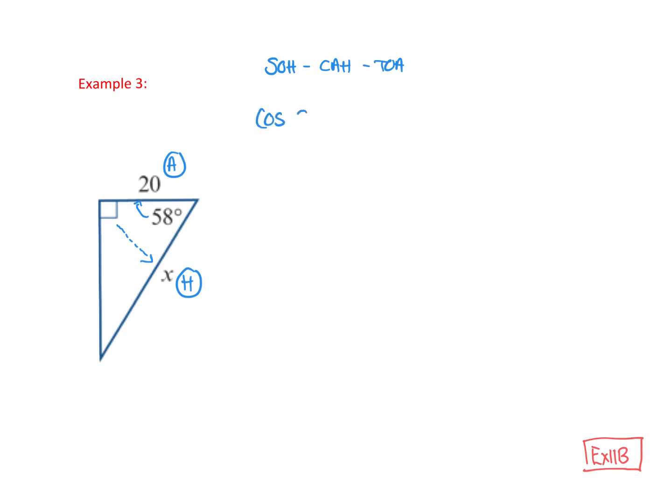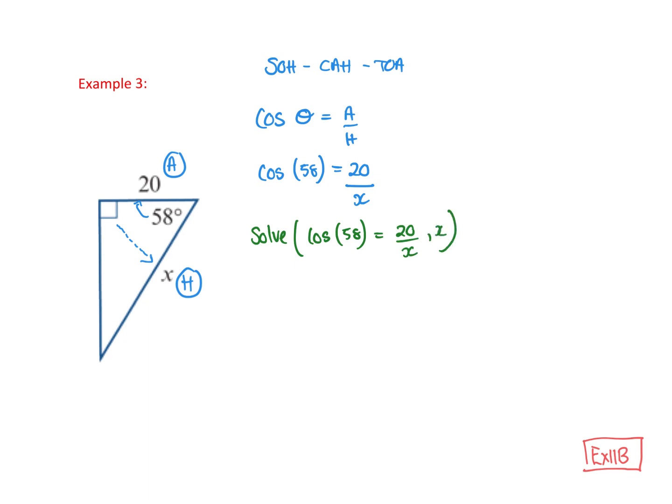So we write out the formula: cos angle equals A over H. Then we substitute in: cos 58 equals 20 over x. I'm writing in green, but you don't need to do that on your page. We write solve into the calculator: cos 58 equals 20 over x, comma x, and find out what x is equal to. We'll go to a whole number again because they gave a whole number. So we got x to equal 38.